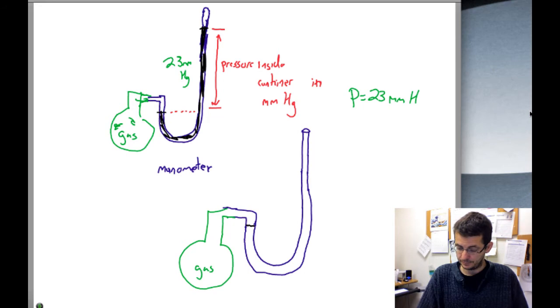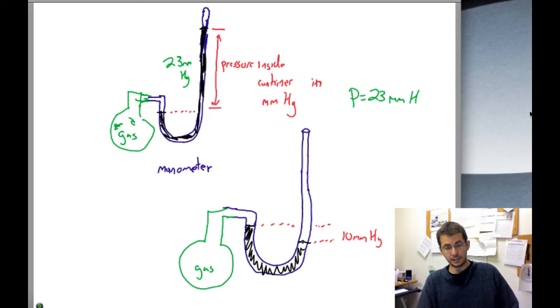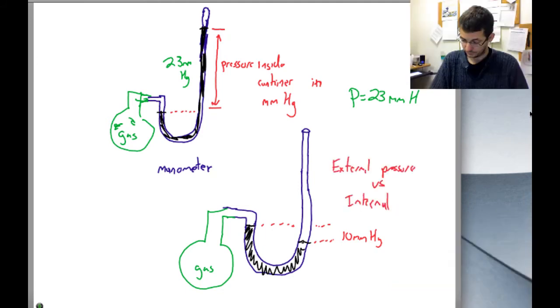Like in our previous example, it would also be filled with mercury, and the difference between these two units would represent the difference in the pressure between external and internal. We don't often use manometers in the real world, except when you're dealing with gases specifically.